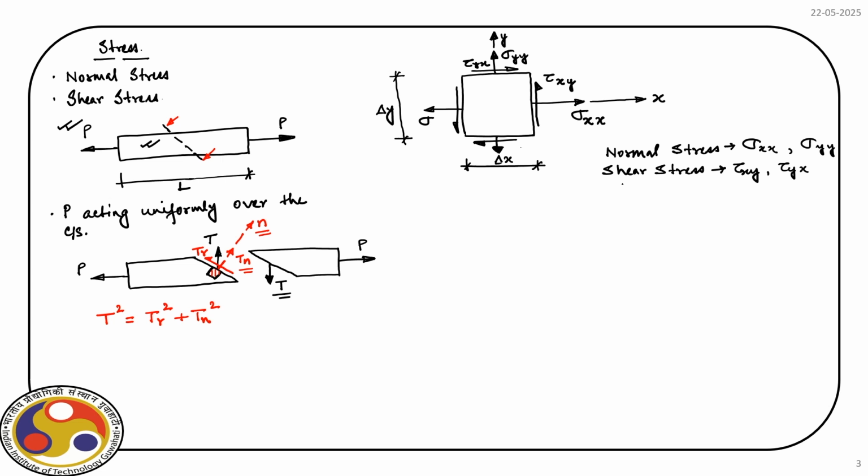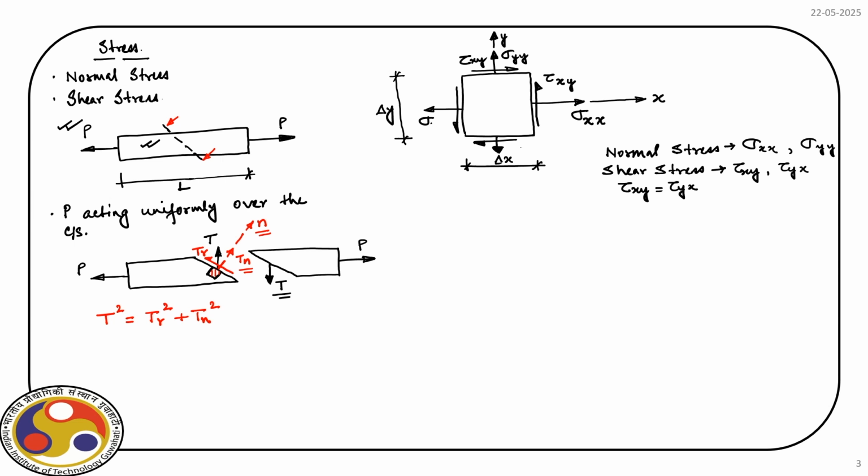And we have also derived that tau xy is equal to tau yx. Their magnitudes are same. So, we can modify this with tau xy. Okay.